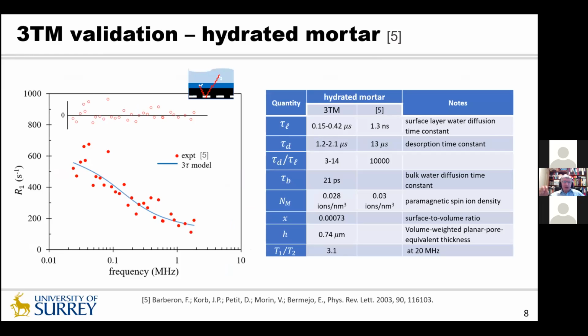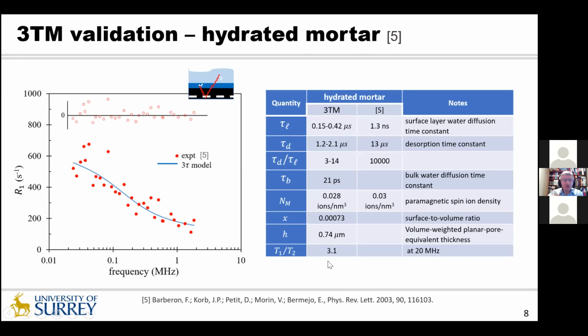Okay, so now we're in a position to, if you like, validate the 3 tau model. So we can fit to data, but the fits are only worthwhile if the numbers that come out for the various time constants and other parameters are actually meaningful in some way. What you see on the left is the data produced by Barbaron and co-workers in 2003, which is extremely impressive work in a number of ways, not least because they've published in Physical Review Letters a paper on mortar, which is a very impressive achievement, I have to say.